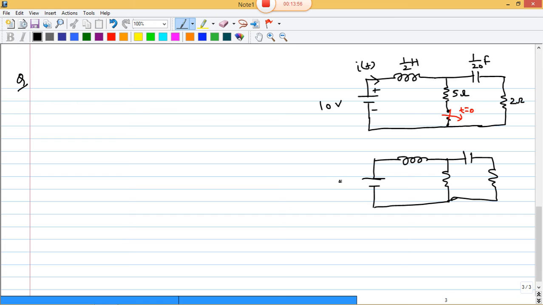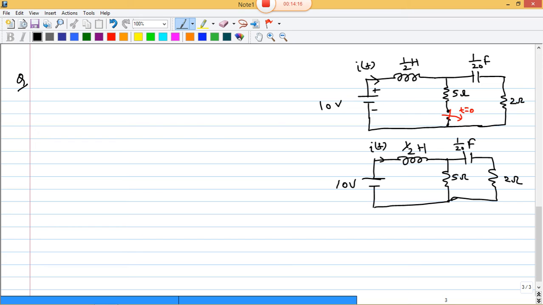Is that clear? So this is 10 volt, this one is i(t), this is 0.5 Henry and this is 1/20 farad, 5 ohm and 2 ohm. Is that clear?